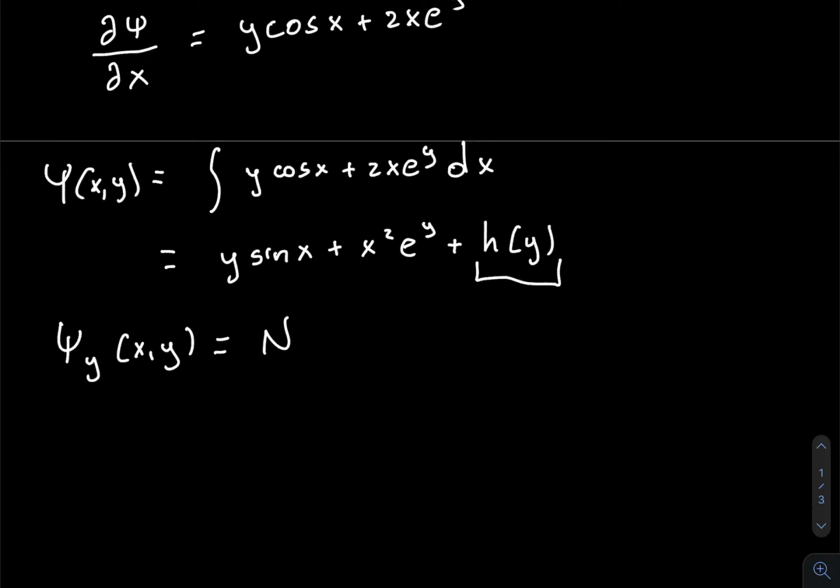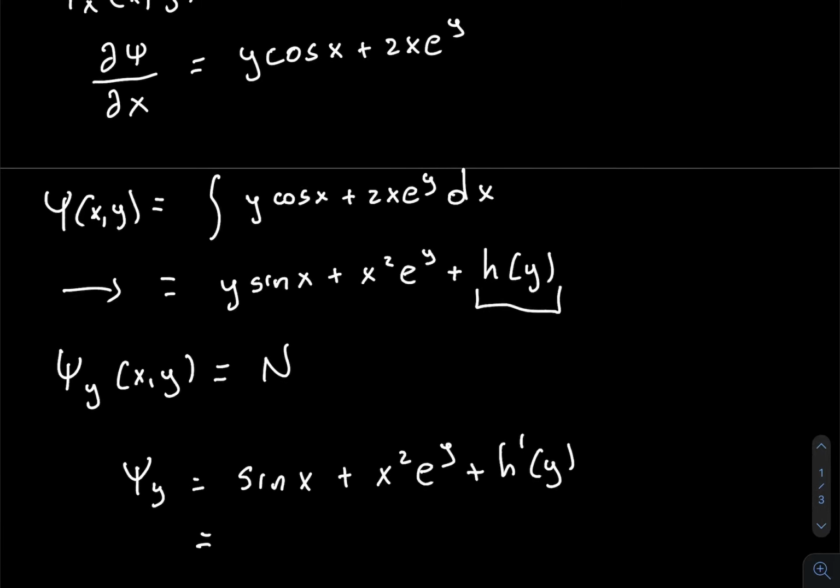Let's take the partial derivative of this part here. The partial derivative will be sine of x plus x squared e to the y plus h prime of y.